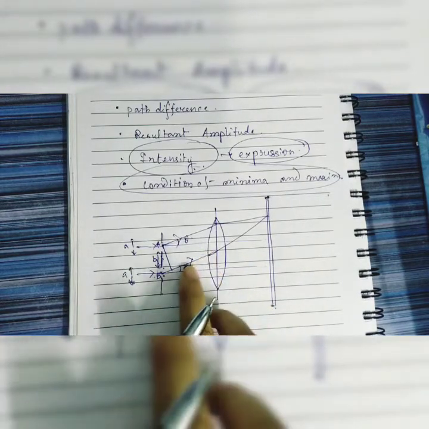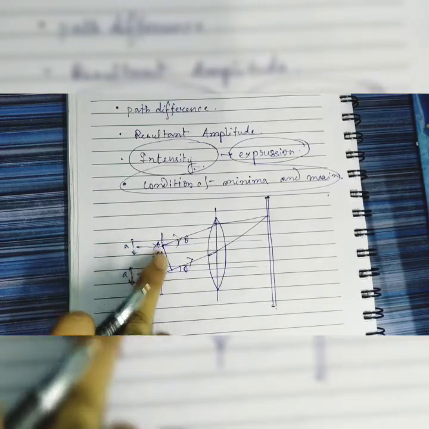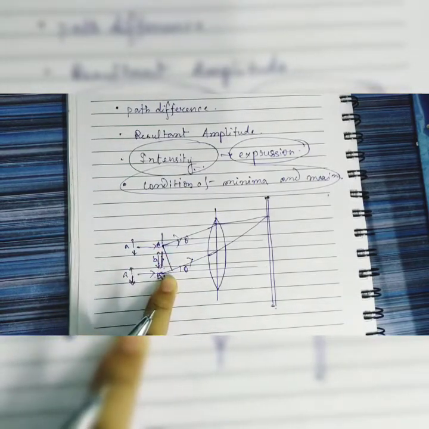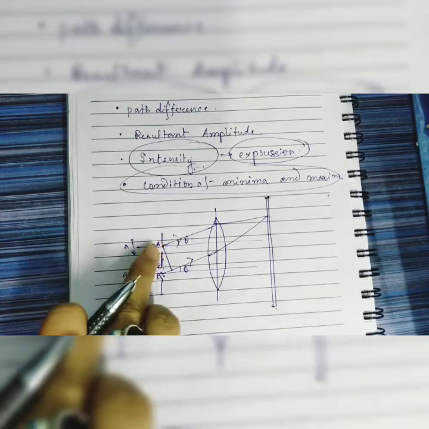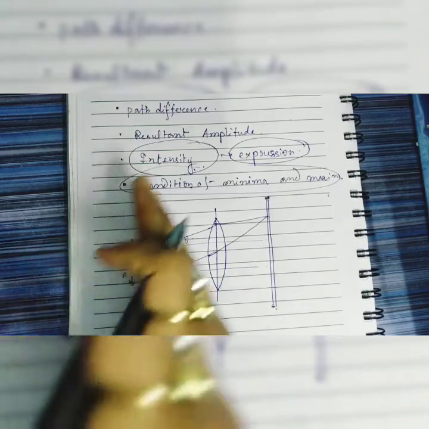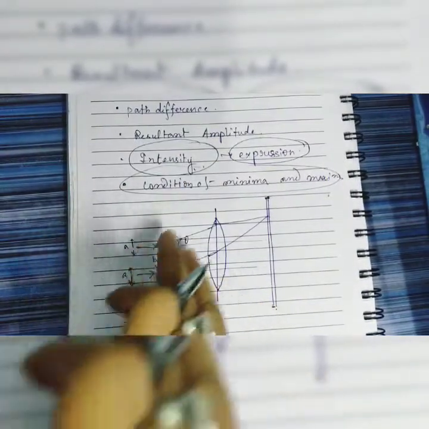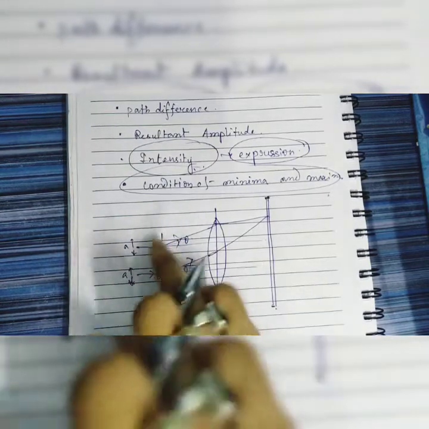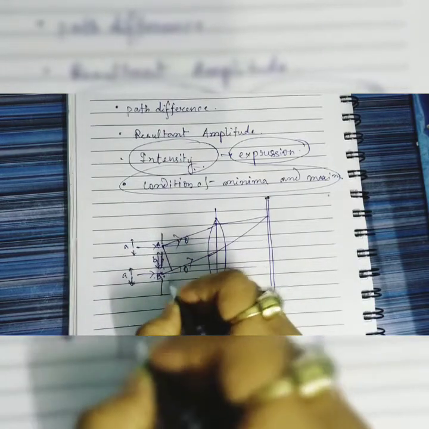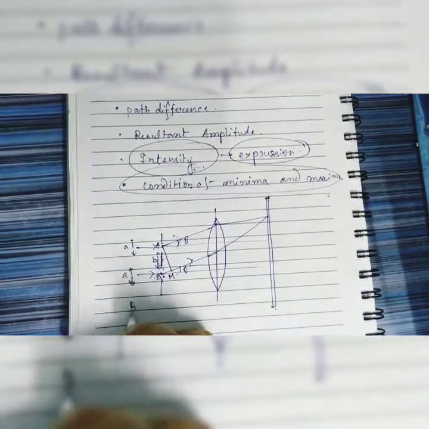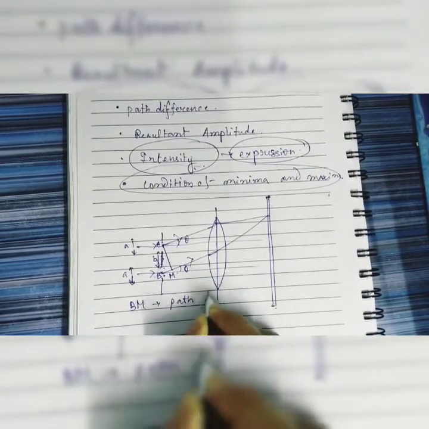First we need to draw the normal on the second ray to get the path difference, because I already told you that after getting the normal, the raised portion of the parallel rays, which are from the diffracted rays, is the same path traversed by the rays. Suppose this is M, so basically BM is the path difference.